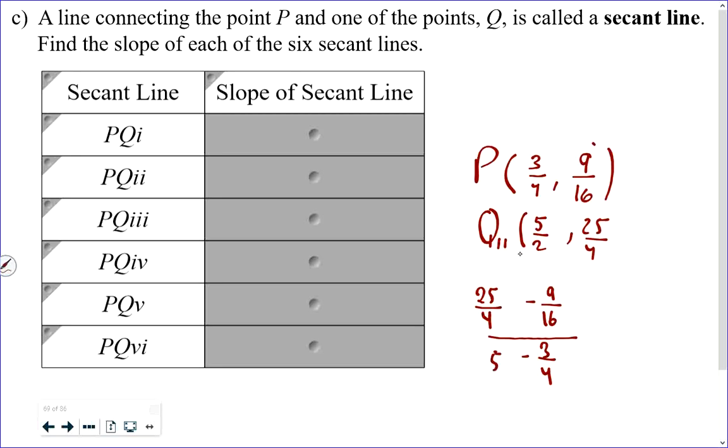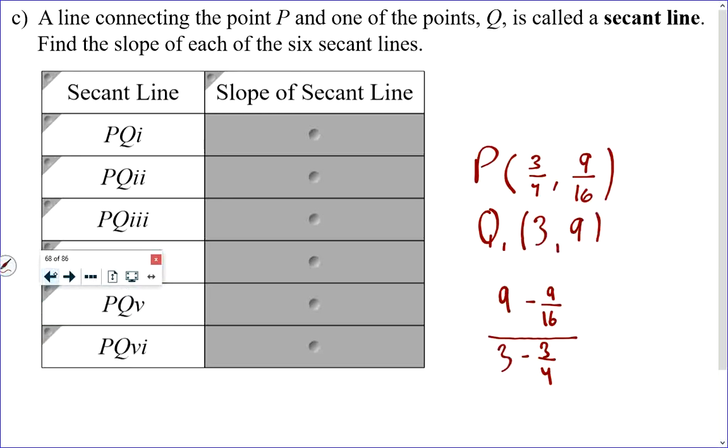But here's my point. When you look at calculating the slope of secant line PQ1, you have 9 minus 9/16 over 3 minus 3/4, where 3 and 9 are the coordinates of Q1. The only thing that changes when we go to Q2 are these two numbers. It's still minus the y-coordinate of the point of interest over minus the x-coordinate of the point of interest.